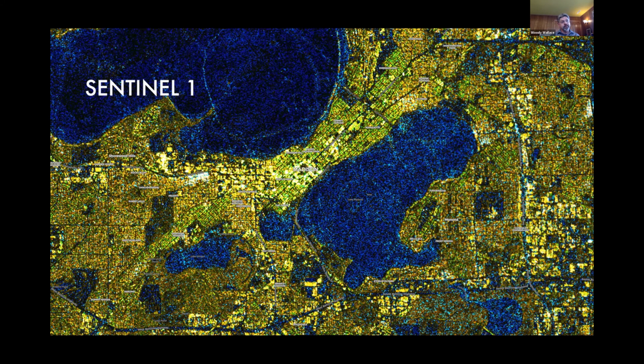And then the private sector is also starting to generate daily return time, higher resolution synthetic aperture radar data. So watch out for that, because one of the values of synthetic aperture radar is it's all weather, and it can see through clouds. So important for monitoring activities.